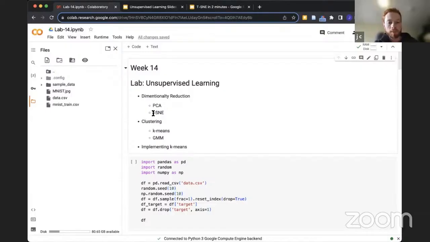I'm going to introduce a new method, t-SNE, not in too much detail, just a rough overview. Then we're also going to look at clustering. You discussed k-means and Gaussian mixture models in detail in the class already. And finally, we're going to implement our own version of k-means.